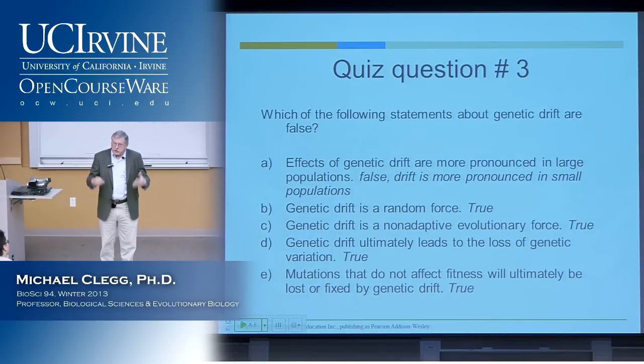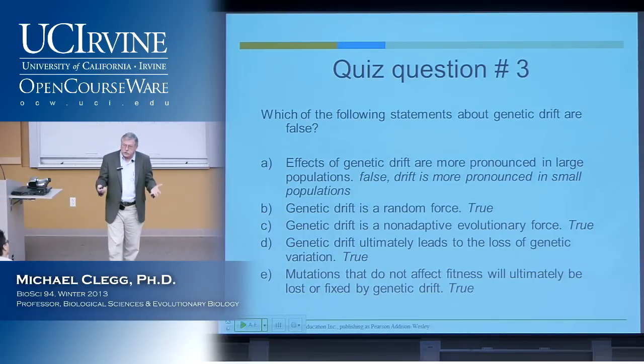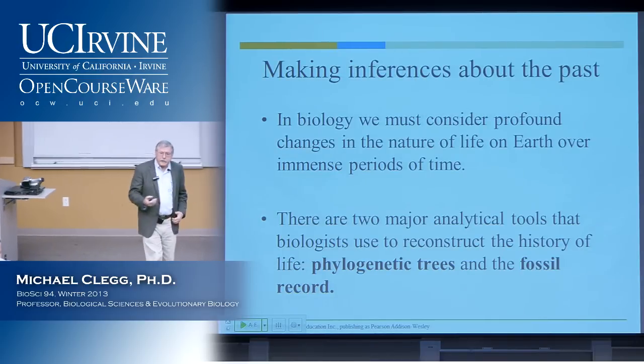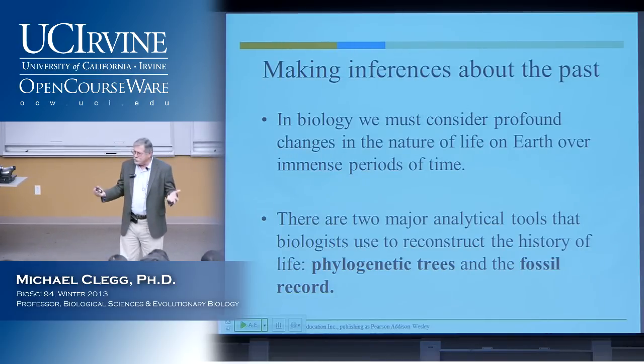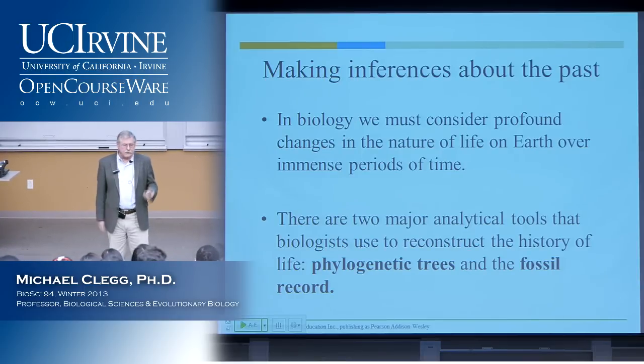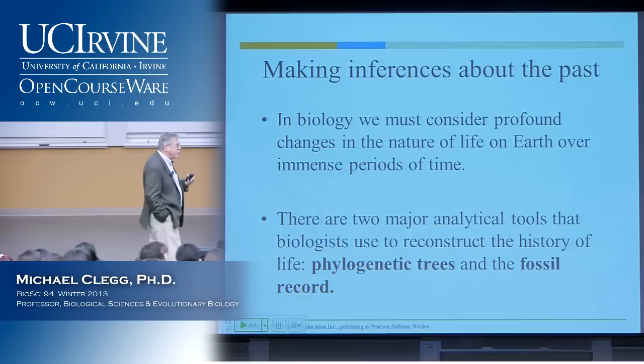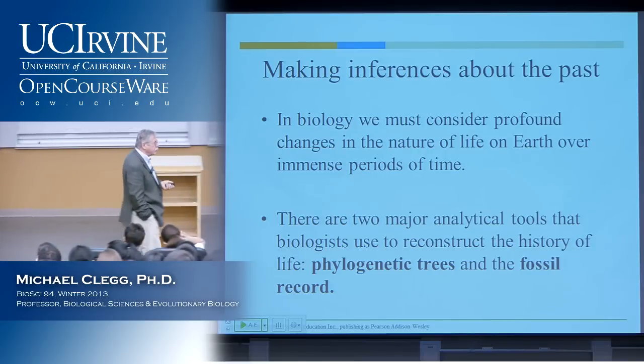Let me now move on to the topic of phylogenies and the fossil record. Okay, we want to make inferences about the past. A lot of evolutionary biology is about making inferences about the past, and we really have a very powerful array of tools for doing that.